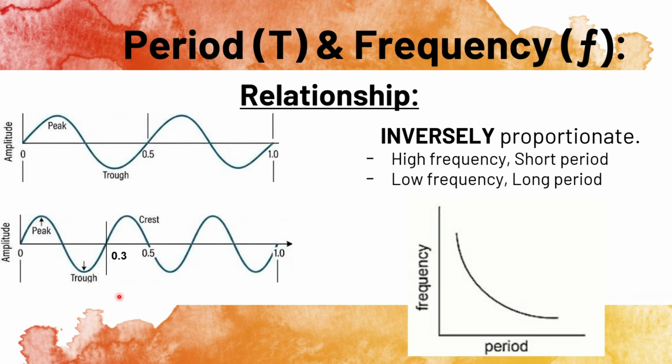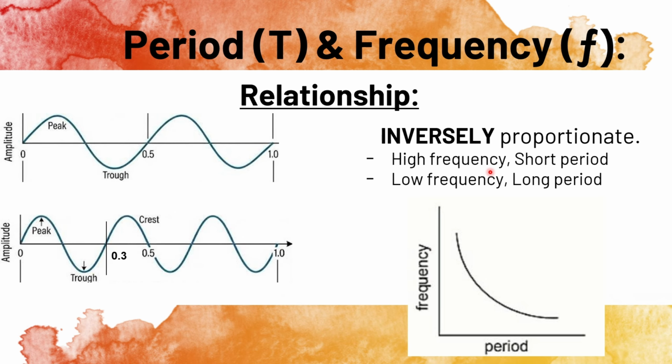Okay, so let's explain the relationship between period and frequency further. So just a quick recap, the relationship between period and frequency is that they are inversely proportionate. Now what this simply means is the higher the frequency is going to become, the shorter the period will be. Or the lower the frequency is going to be, the longer the period is going to become.